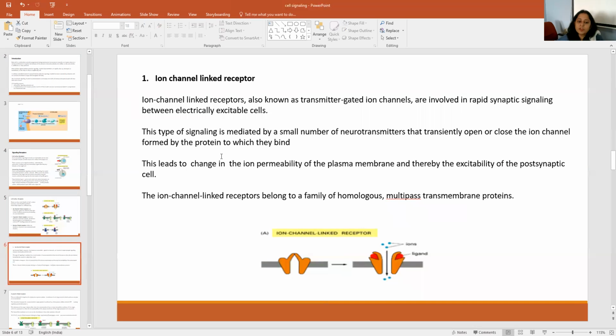This leads to a change in the ion permeability of the plasma membrane and thereby the excitability of the postsynaptic cells. The ion channel linked receptors belong to a family of homologous multipass transmembrane proteins.